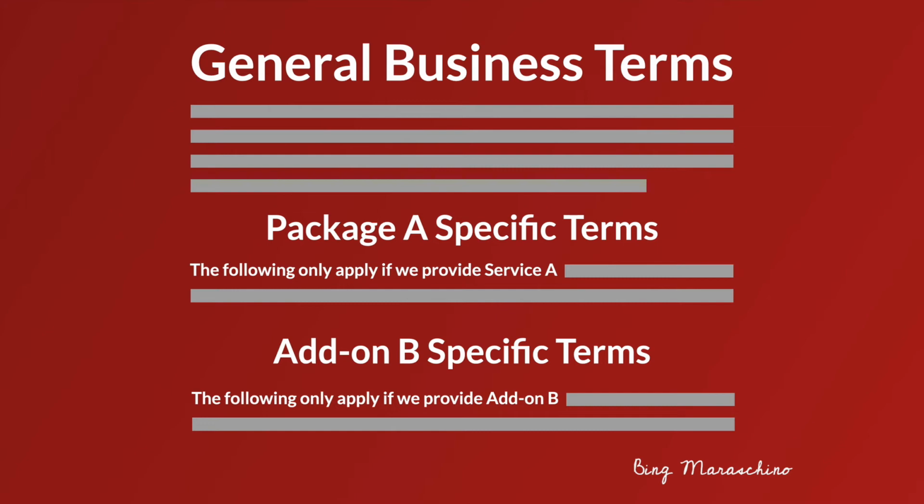This is great because it reduces the size of your terms and conditions. It only puts in what's applicable to that booking. One downside of this approach is if a customer adds or removes services after the fact, you'll probably want to get them to re-sign, with some more specific language.